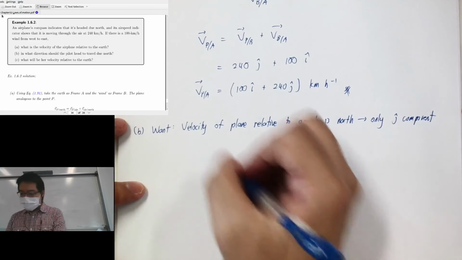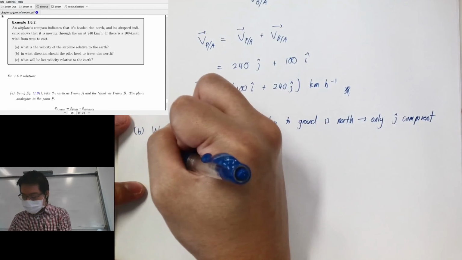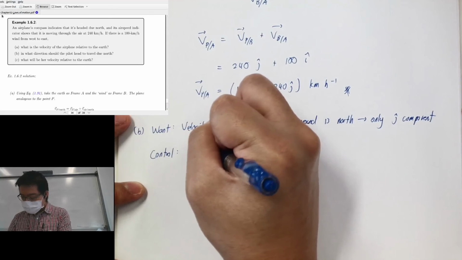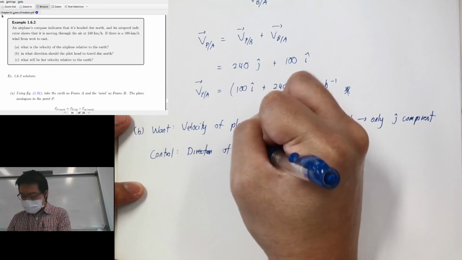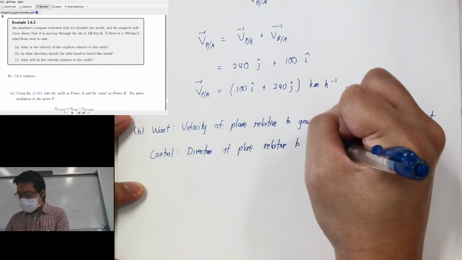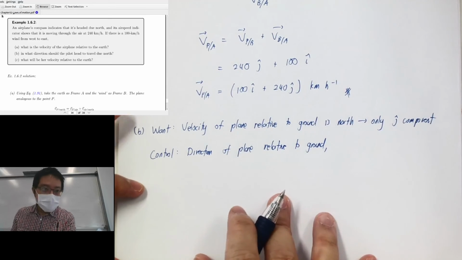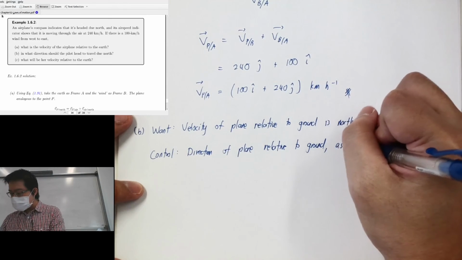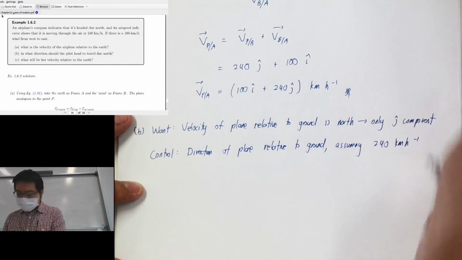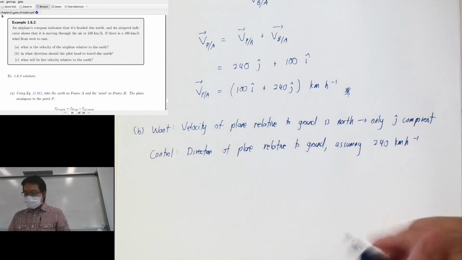And what we can control is the direction of the plane relative to the wind. And we are assuming constant speed, assuming 240 kilometers per hour. So we can control this.